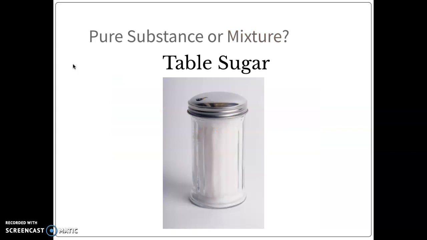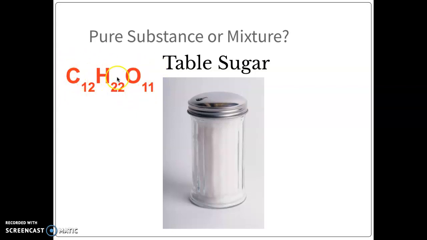This one's tough. Is this a pure substance or a mixture? We're talking about sugar here. And when we say table sugar, we just mean regular sugar. I'm going to give you a hint. I'm going to show you this. Hopefully that shows you something more about this. Okay, so looking at this, we know that table sugar is not an element.